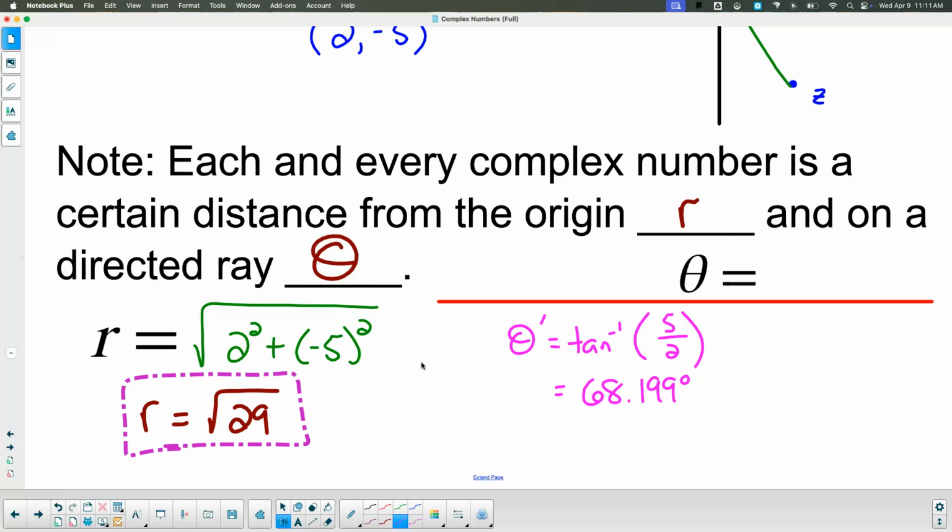Okay, but which quadrant are we in? We're in quadrant 4. So that means actual theta is going to be what? How'd you get it? 360 minus my reference angle.